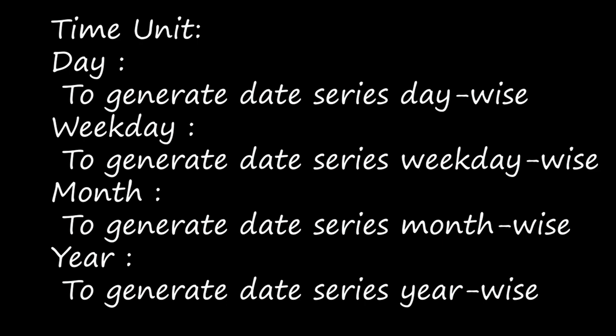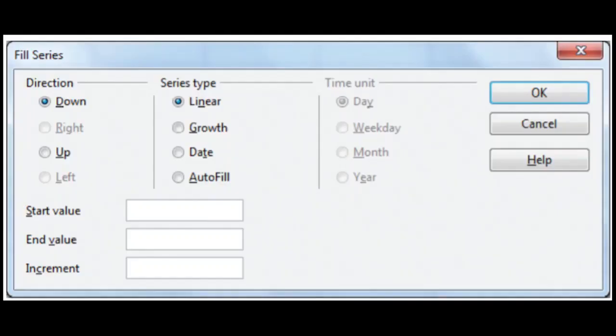The start value, the initial value of the series, should be typed first, and then the end value of the series must also be typed. If you do not specify the end value, the series will be generated up to the selected cells. Here the fill series dialog box is given. If your selection is less than the specified end value, the series will be generated only up to the selected cells.